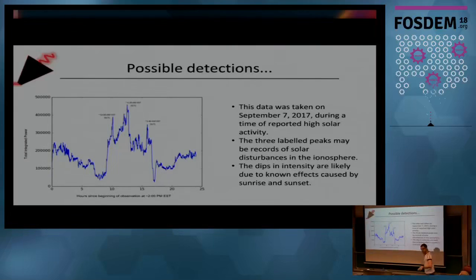So this is a very long recording using the small loop antenna. This is 24 hours, one full day, and I don't think you can read it at the back, but these are annotations where the signal power went up, and it did coincide with solar flares.